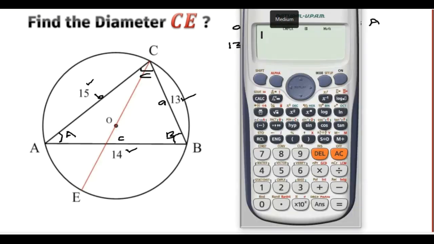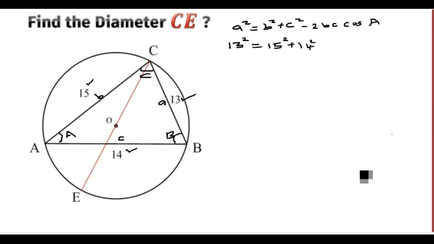So what is 2 times b times c? That is 2 times 15 times 14. So 2 times b times c is 420. So it is minus 420 cos A.